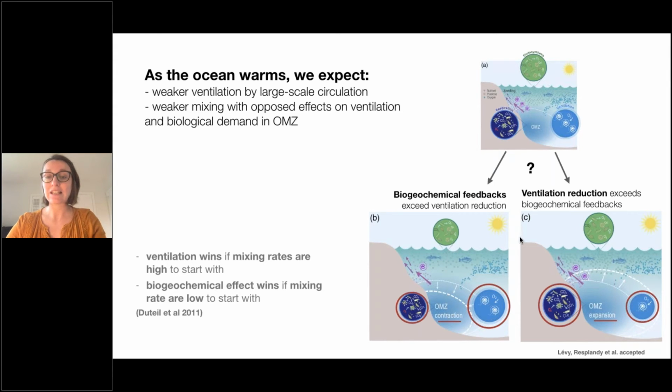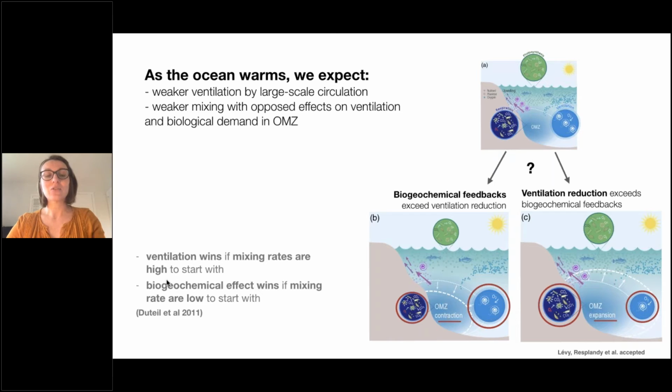So we could definitely see two outcomes: one where the ventilation reduction exceeds the biogeochemical feedback, and then you have an OMZ expansion, and one where the biogeochemical feedbacks exceed the reduction in ventilation, where you would have a contraction of the OMZ.